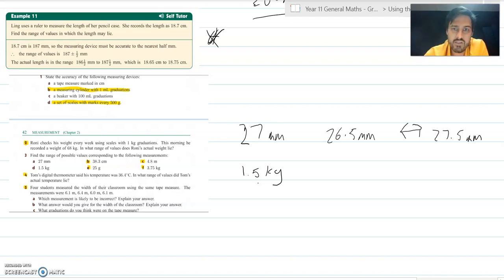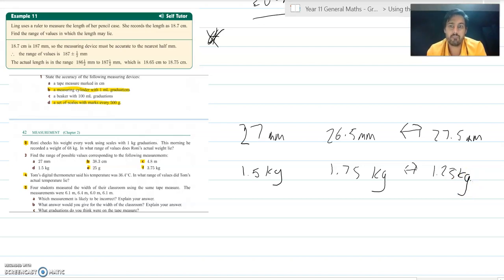So the upper limit of this is 1.75 kilograms, and the lower boundary is 1.25 kilograms. Again, it's that notion of just half of the smallest measurable unit.